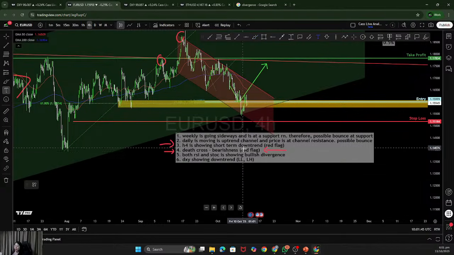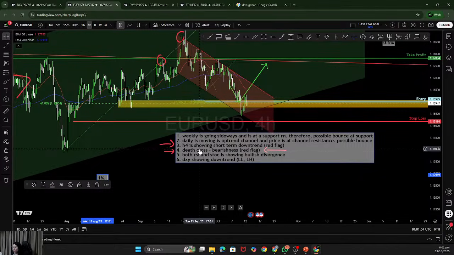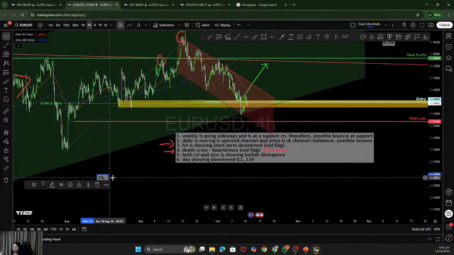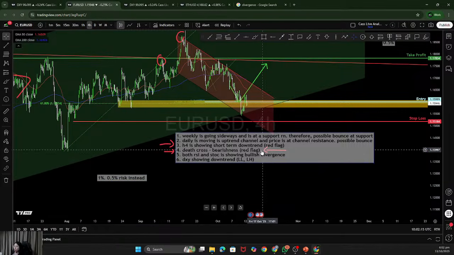But because I do see it here, I do see the two red flags. So instead of risking my usual 1%, because there are two red flags here, where there's a death cross, and also a short-term downtrend on the H4, okay? Even if the H4 is just a pullback, you don't know if the pullback has ended or not. So instead of using 1%, I'm gonna end up using 0.5% instead. Why? Because there were two red flags.